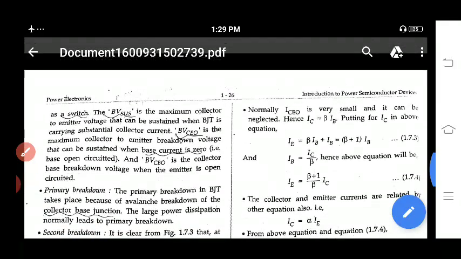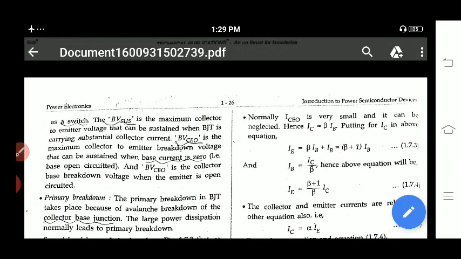Next you can rearrange this expression and write it down. Normally ICEO is very small and can be neglected. Usually you know that IC equal to beta into IB plus ICEO. This is a very small current, this can be neglected, so you will get IC equal to beta into IB. So you will get IE equal to IC plus IB. In place of IC you can write beta into IB. ICEO is neglected.